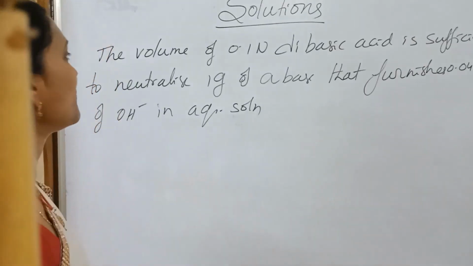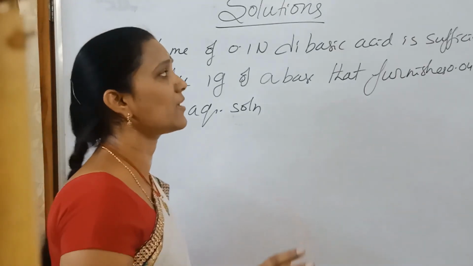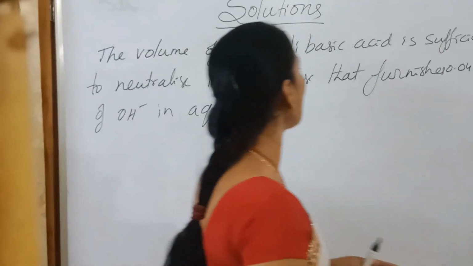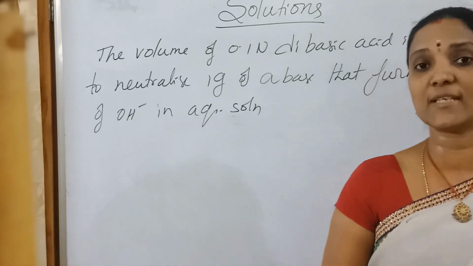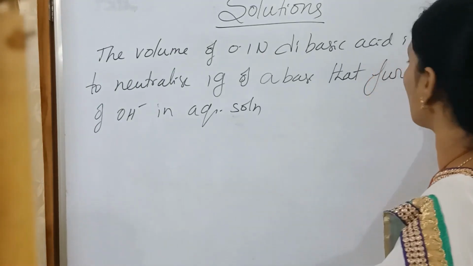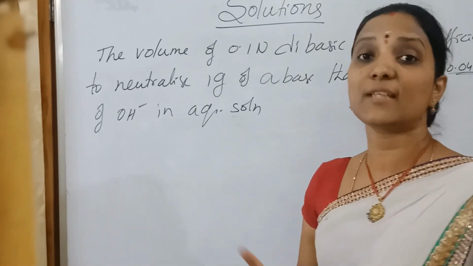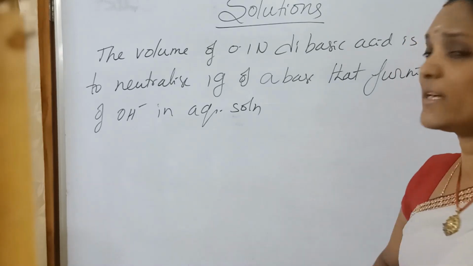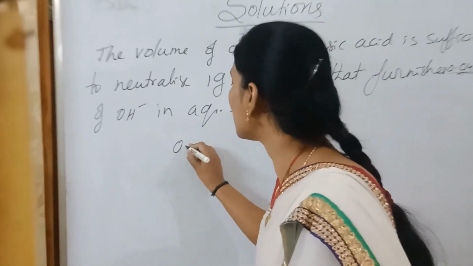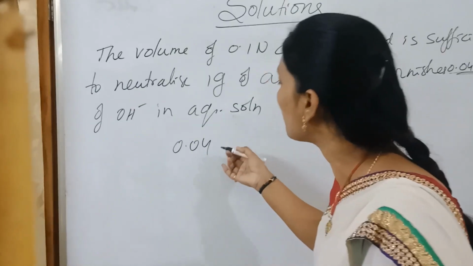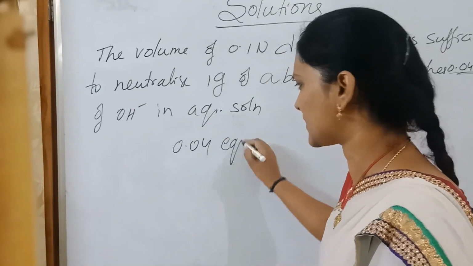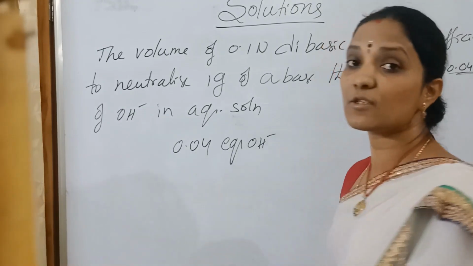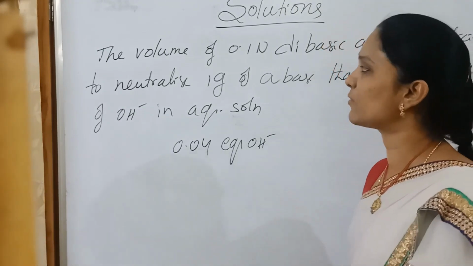So what is the given problem? The volume of 0.1 normal dibasic acid is sufficient to neutralize 1 gram of a base that furnishes 0.04 moles of OH minus. That is, 1 gram of that base can produce 0.04 moles, which means 0.04 gram equivalents of OH minus.